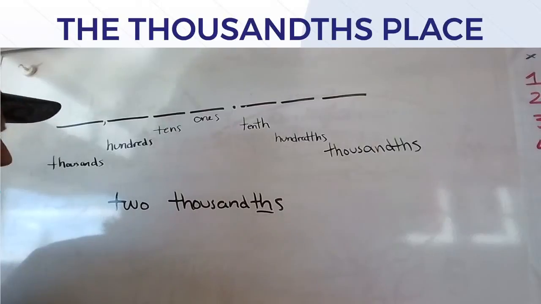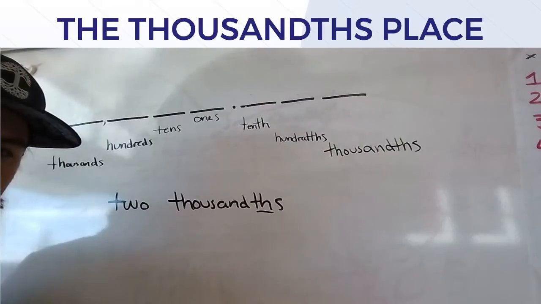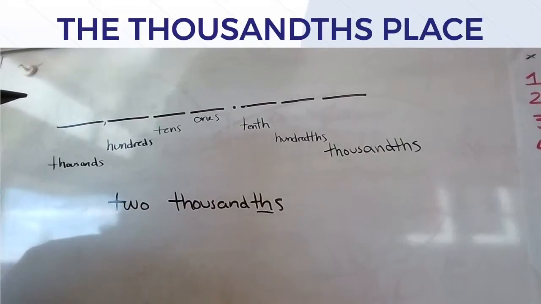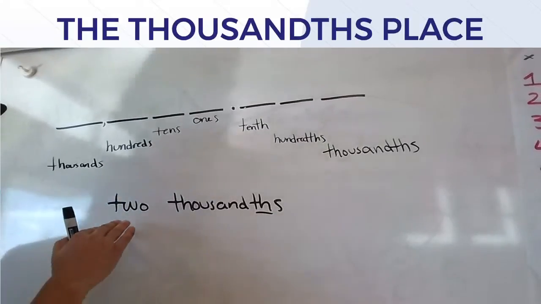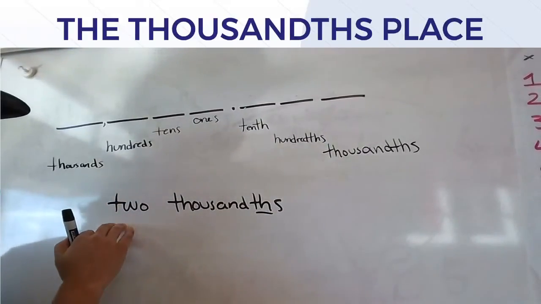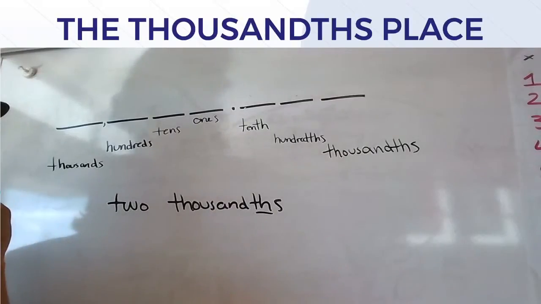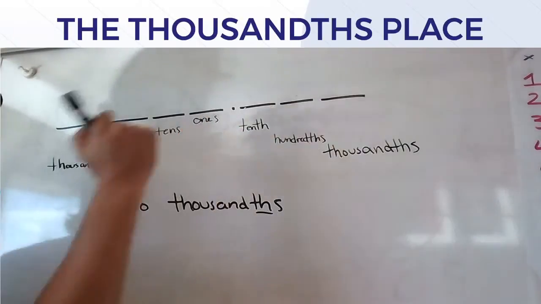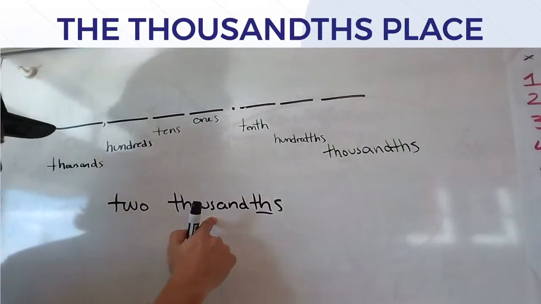How would we write this? So that's our key, is thinking about, okay, well, 2 is the only thing that is going to appear to the right. And then it gets to the thousandths place.